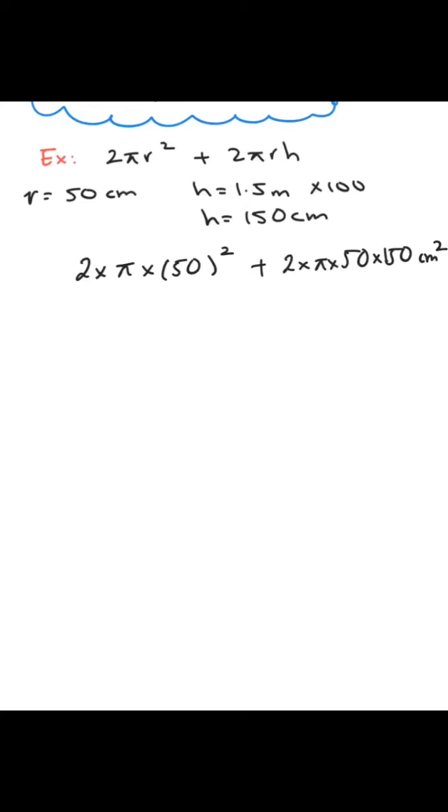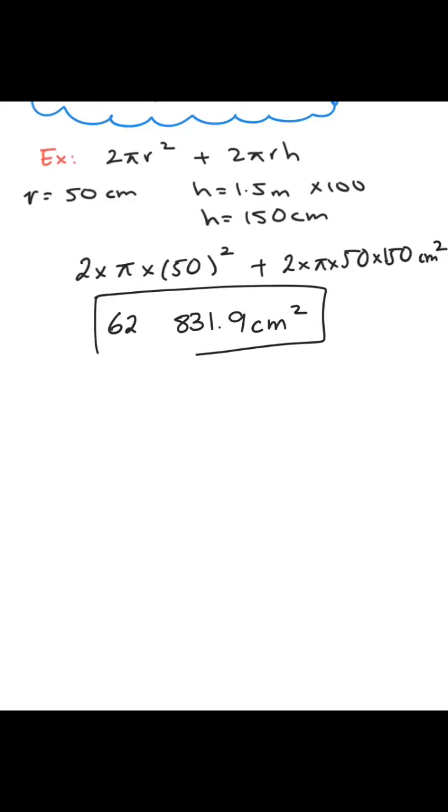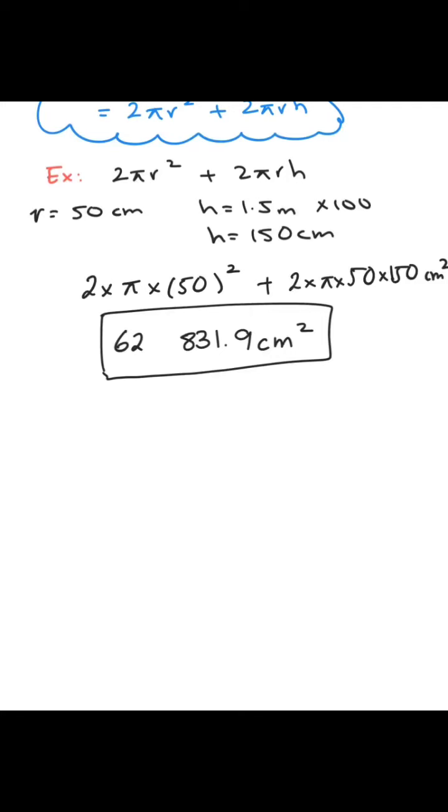So once I sub these in, I end up with 62,831.9 centimetres squared. That is my total surface area for a cylinder where the radius is 50 centimetres and the height is 150 centimetres.